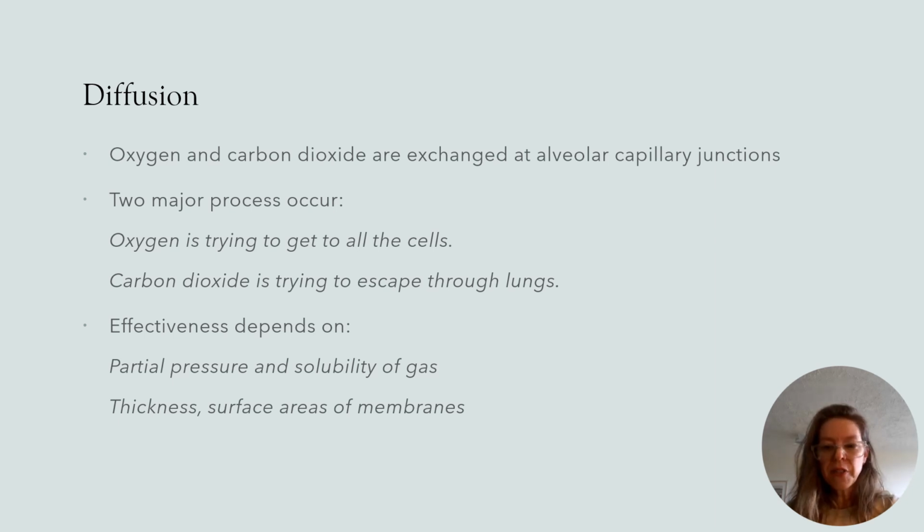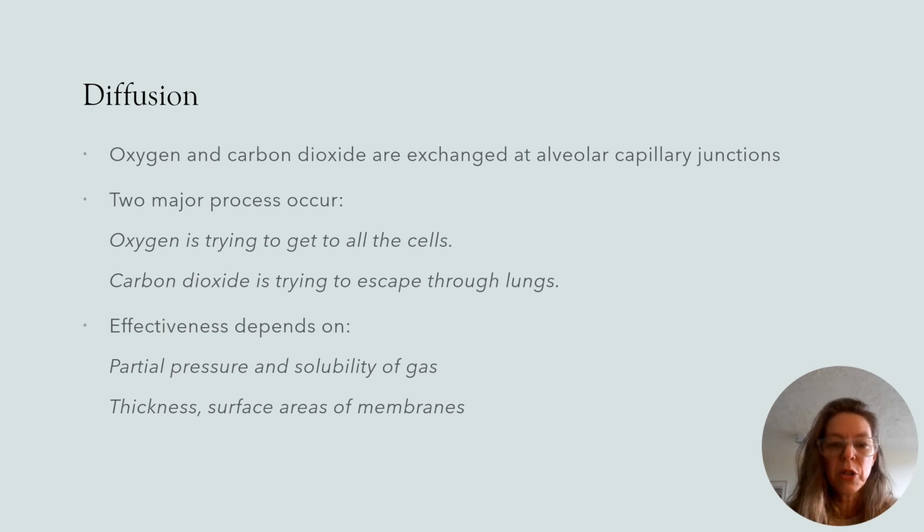The process of diffusion then is when those oxygen and carbon dioxide molecules are exchanged at that ACJ, that alveolar capillary junction. So oxygen is trying to move across the membrane and hitch a ride on your hemoglobin and then move towards the cells in the tissues that need it.